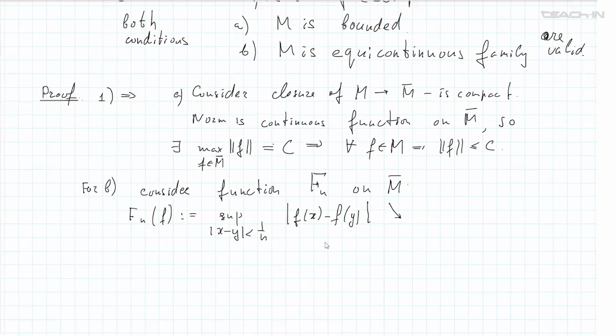Of course, it tends to 0 as n tends to infinity because f is continuous. And second, we need to check that these functions are continuous too.